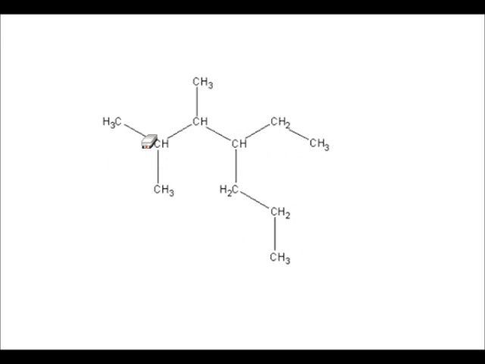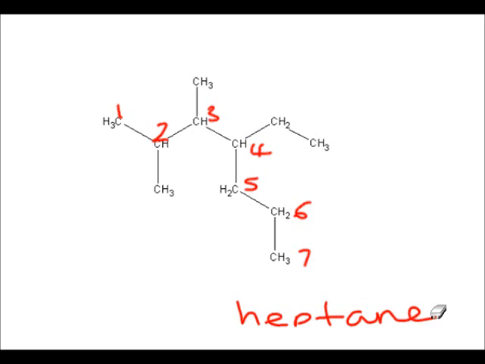However, 6 carbons is not the longest carbon chain. We've actually got a longer chain going from here to here, which is 1, 2, 3, 4, 5, 6, 7 carbons. So if we've got a longest chain of 7, the stem that we will use is hept. So this will be heptane.